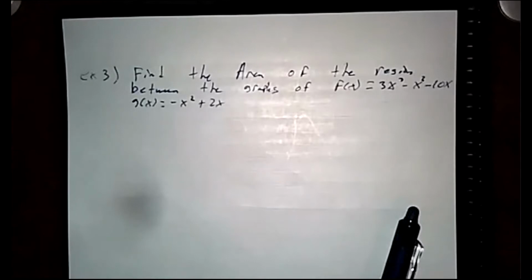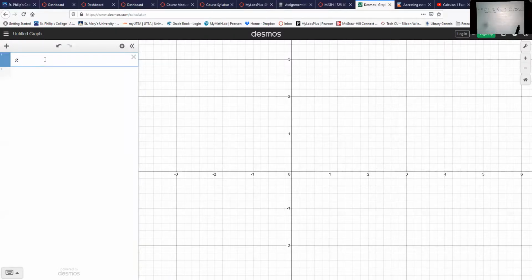All right, so let's just graph them and see where the heck they intersect. Save us a little bit of time now that we've done it by hand a couple of times.